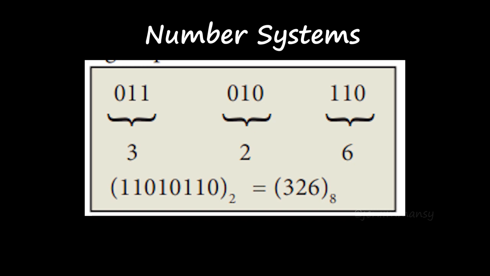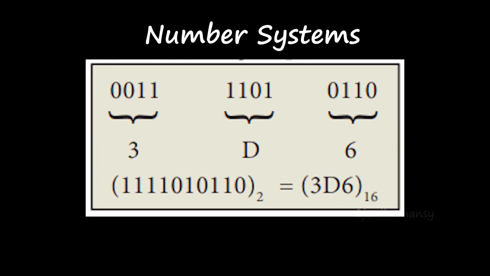At last, if the leftmost group has only 2 digits or 1 digit, you have to add 0 to the left end and make it 3 digits, and then convert it into octal. At last you don't have to add the values, you just join or combine the octal values and write it as the octal value. So that is the binary to octal conversion.